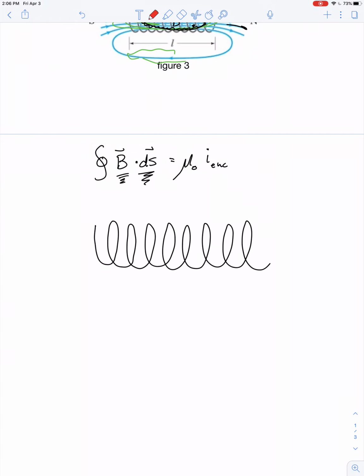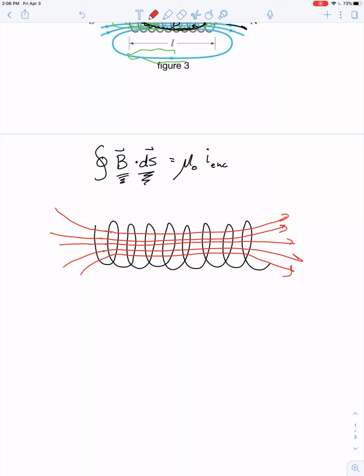The magnetic field lines are a bit non-uniform near the ends of the solenoid, but as the field lines continue through and emerge out the other side, in the interior, the field lines are pretty uniform. If the current is flowing in the correct direction, then the magnetic field lines will point to the right.